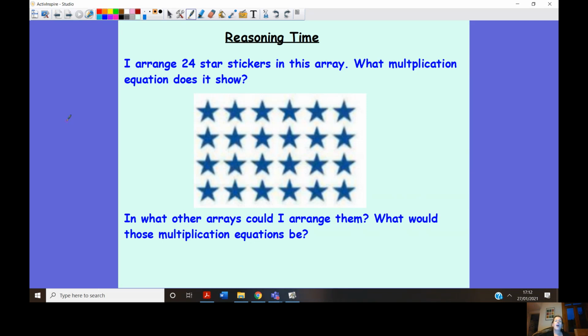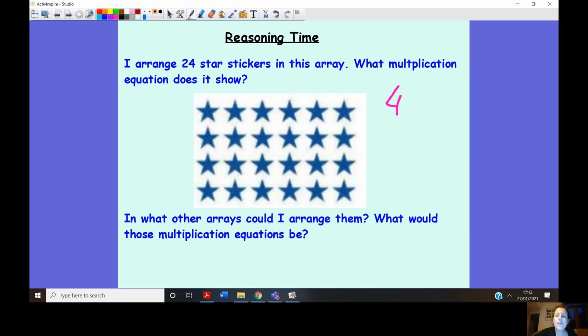So, first of all, what multiplication equation does this array show? I got there eventually. So let's have a look, for example, in my number of rows, it shows 1, 2, 3, 4, and in each row I have 1, 2, 3, 4, 5, 6.